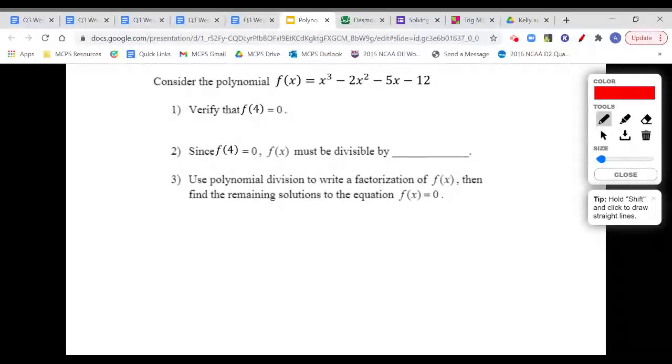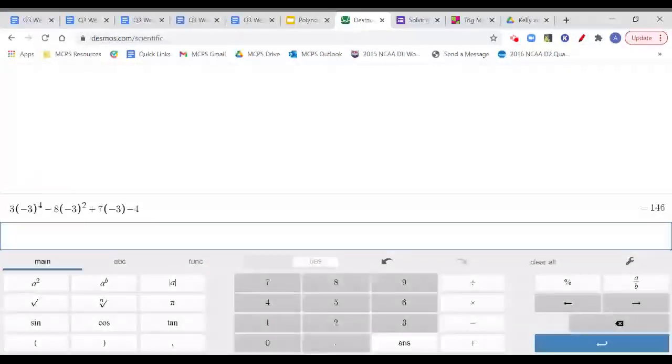So what you would do is you find f of 4. And f of 4 is just, I'm going to be plugging in 4 instead of all my x's. So 4 cubed minus 2 times 4 squared minus 5 times 4 minus 12. Again, you're then going to go into a calculator, type this out, double check.